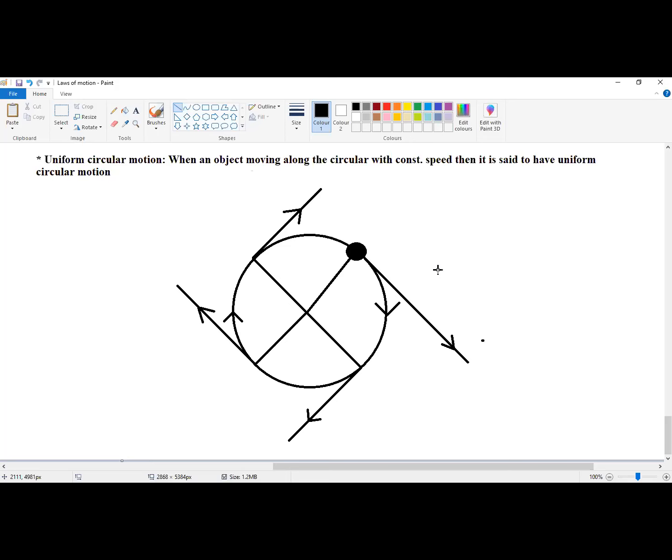You can select any point to find its direction. Draw a tangent. That means a perpendicular. You can see this, it is a perpendicular and it is a tangent. So direction is always tangential.